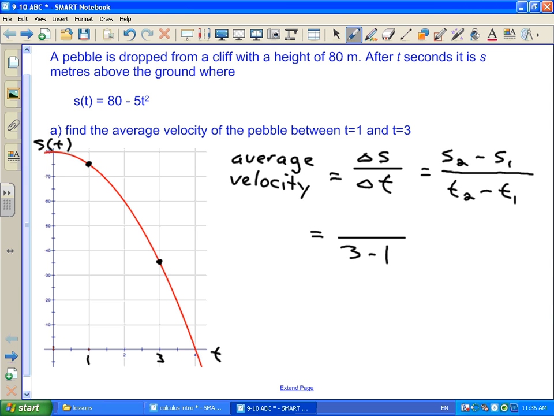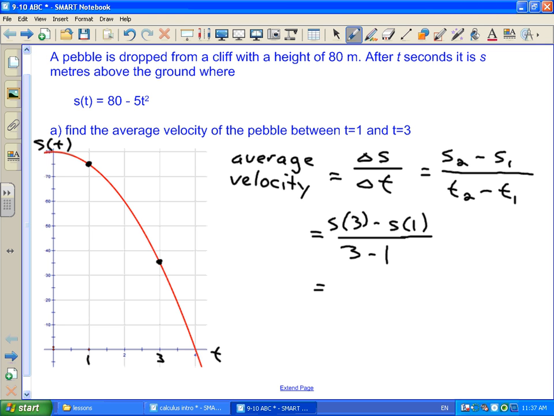And to work out our positions, we just need to use the function that we're given. So this is going to be our function evaluated at 3 minus our function evaluated at 1. We don't need to go through details here.